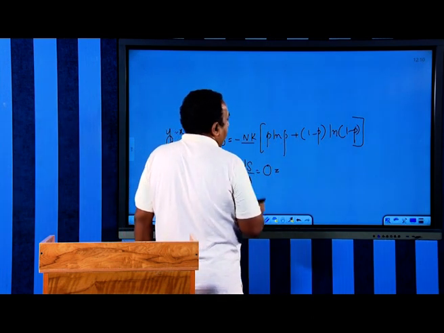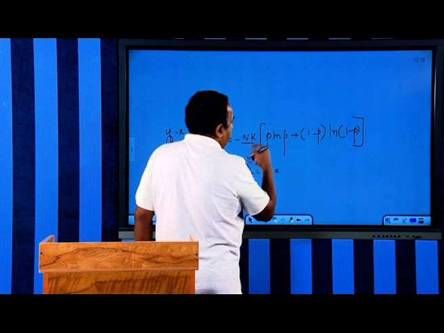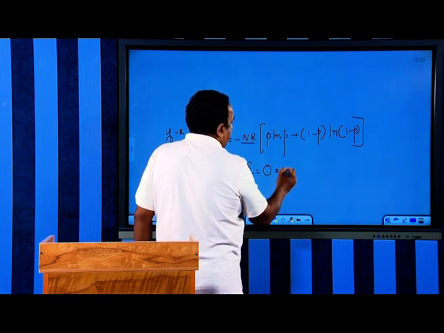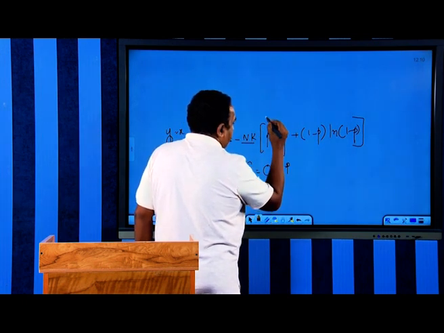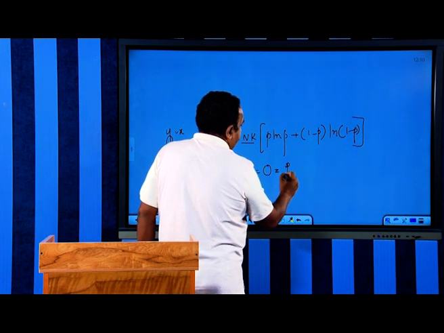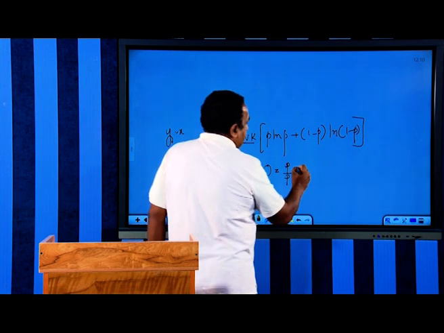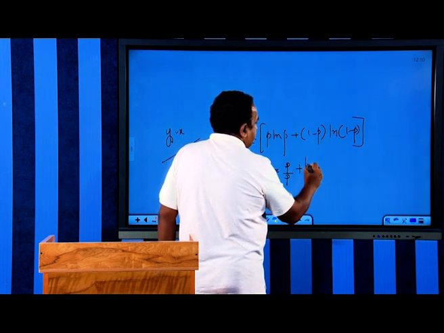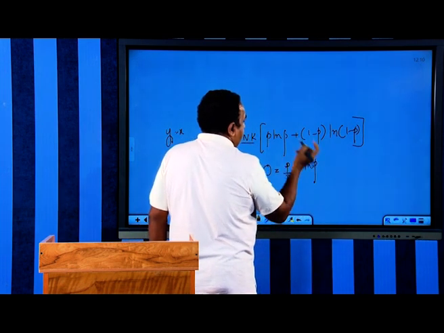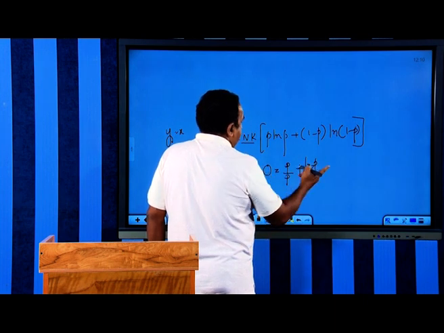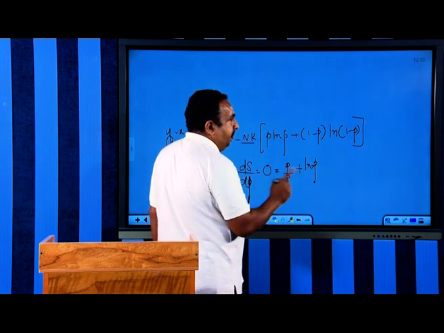I have P log P. There are two variables, so first I keep P constant and differentiate log P, which gives 1 by P, plus log P, and I differentiate P with respect to P, which gives 1.